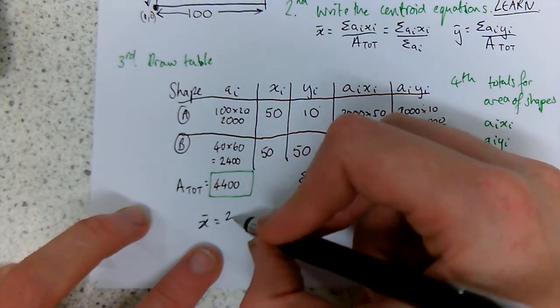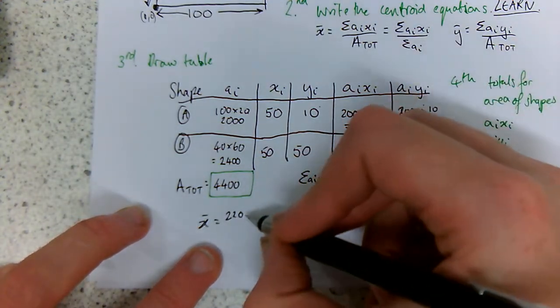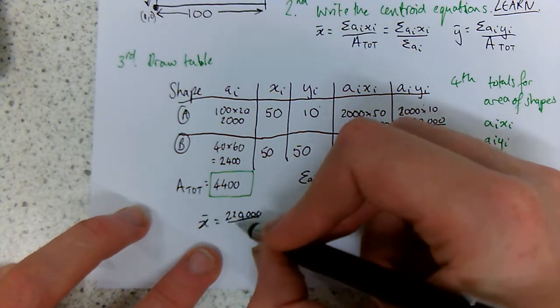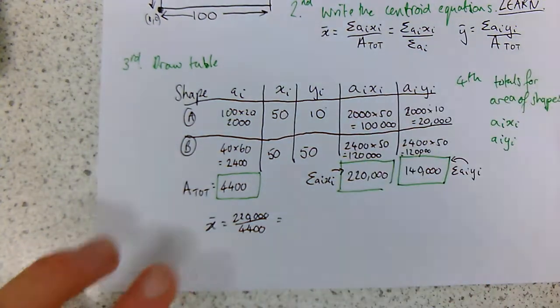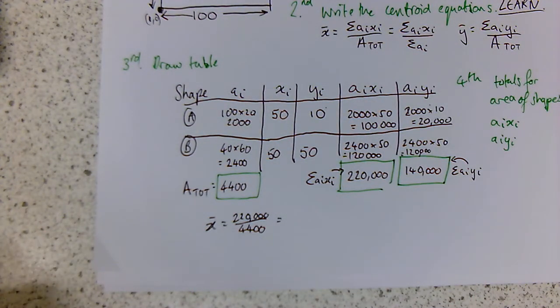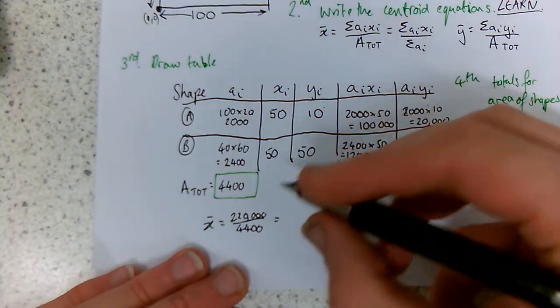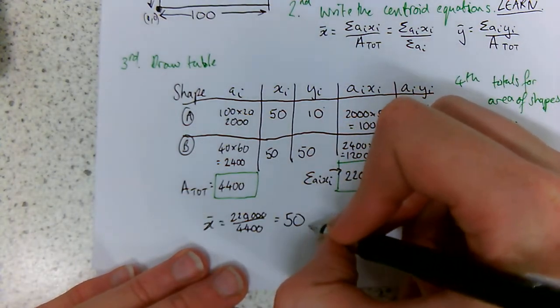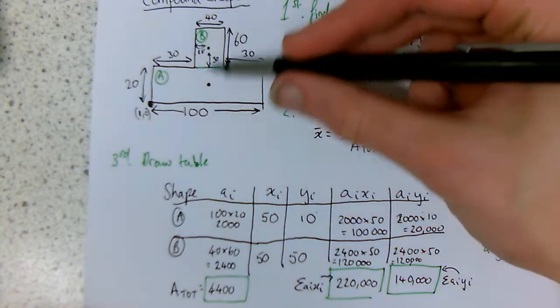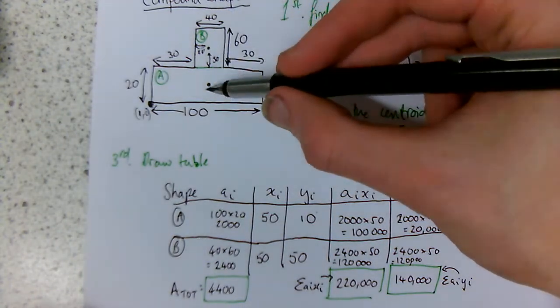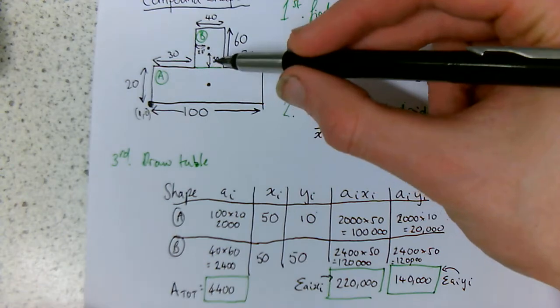That is 220,000 divided by 4,400. And unsurprisingly, it gives us the answer 50. This is unsurprising because our object is symmetrical and the centre line is at x equals 50.